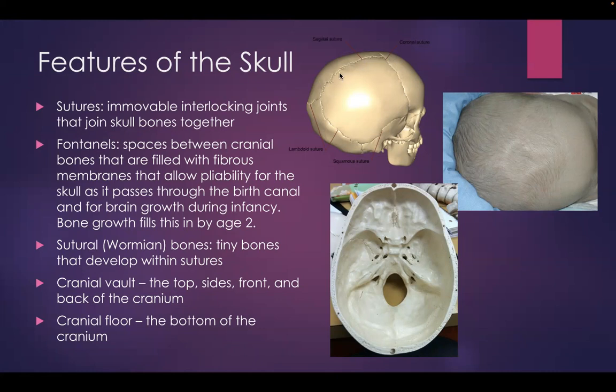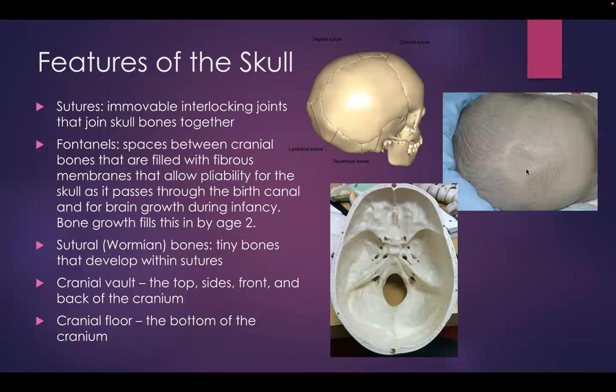So remember, sagittal body plane separates the body into left and right portions. Squamous suture is lower. It's going to be in the temporal region. And the lambdoidal suture, which is posterior.